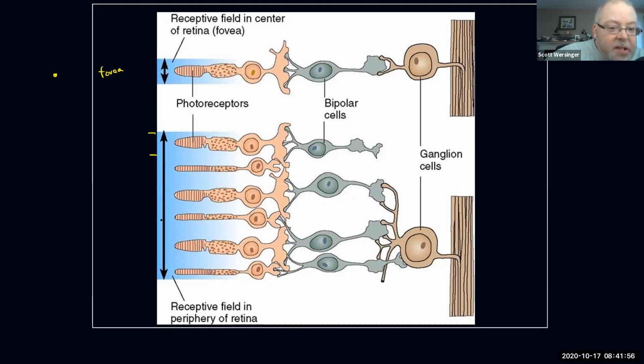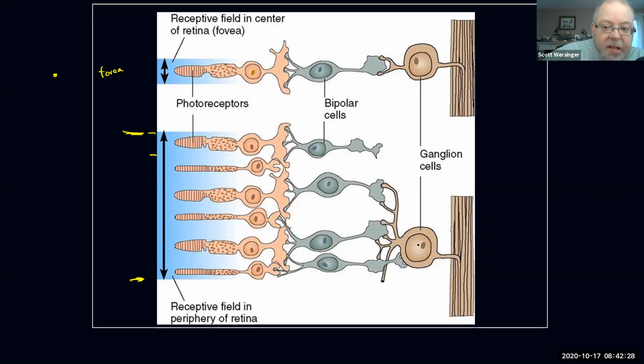But because we have 6 of them, if light strikes anywhere from here to here, anywhere in here, this ganglion cell will fire, will have a response. Okay. Now, the advantage of this is that we can detect low levels of light anywhere in this receptive field. That's good. The downside is we don't have great resolution.